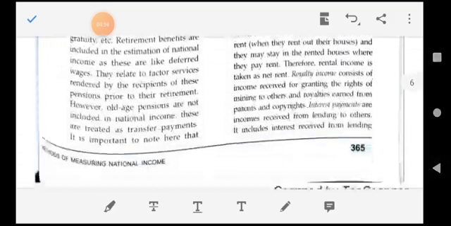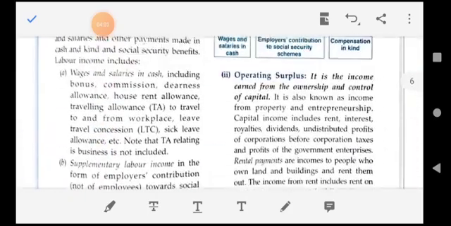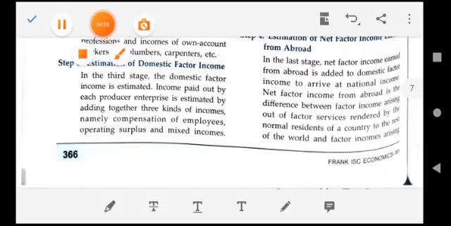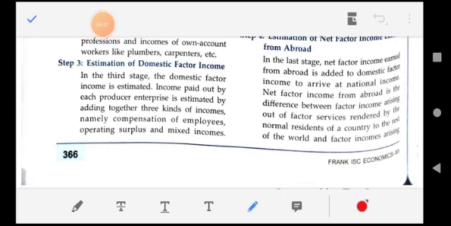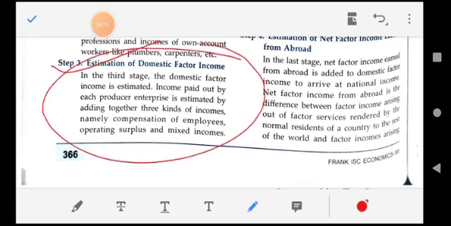Now, the third step is estimation of domestic factor income. In the third stage, the domestic factor income is estimated. Income paid out by each producer enterprise is estimated by adding together three kinds of income, namely compensation of employees, operating surplus, and mixed income.